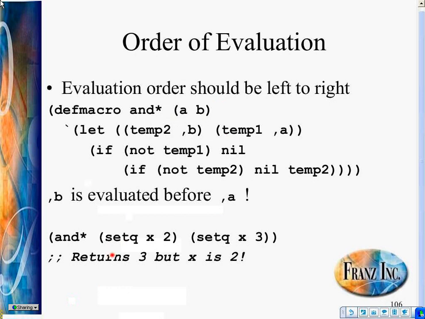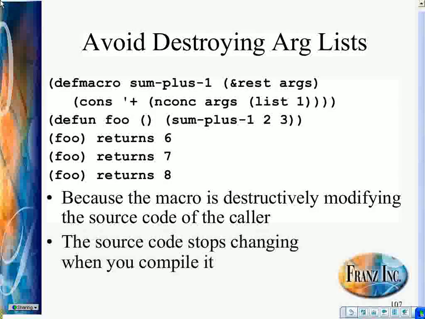If you're thinking in calling operators, okay, the arguments are going to be numbers or symbols, which we're going to take the value of, and you forget that the arguments can be forms that will have side effects, then you will run into these problems. You always have to think, what if this is called with a form that will have a side effect? Will that side effect occur at the wrong time or occur more than once?